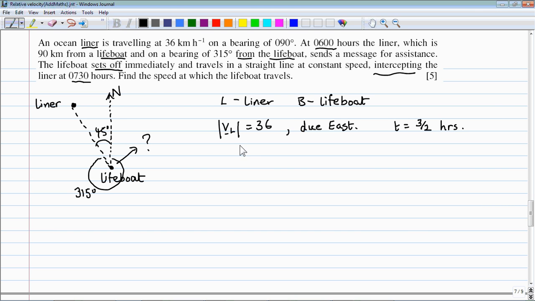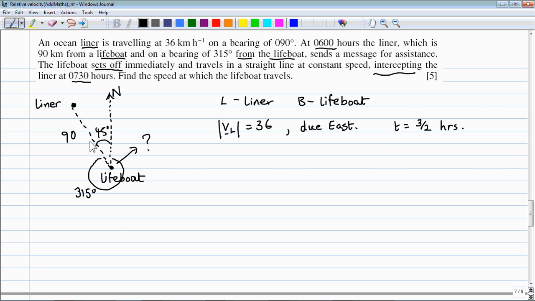So we're using consistent units. And we know the direction and magnitude of the liner's velocity. What else do we need? Oh yeah, we know the relative position of the liner and the lifeboat at the start. We know that this distance at the beginning is 90 kilometers. Okay, so that's what we know.